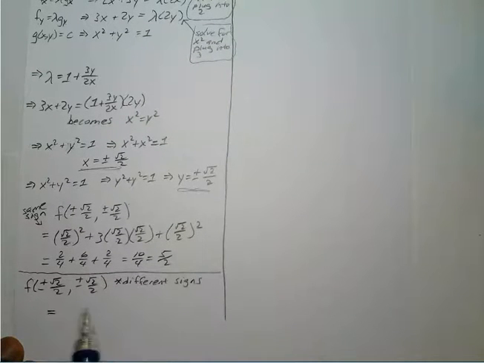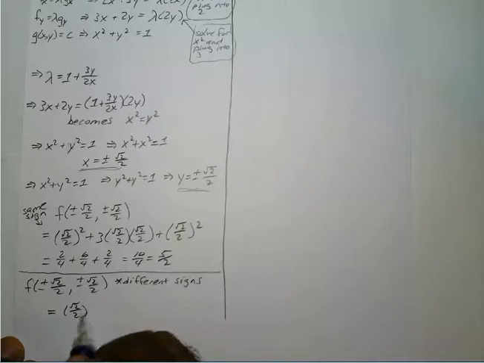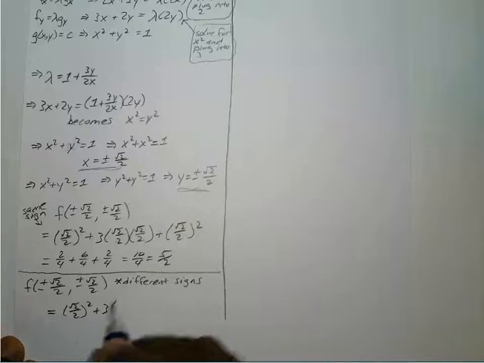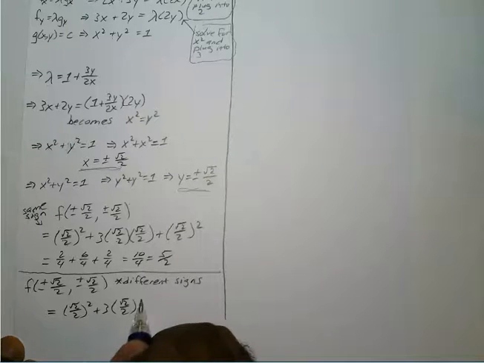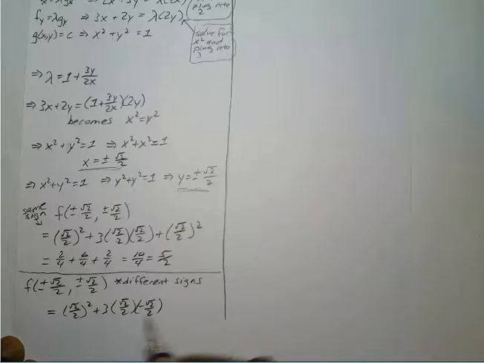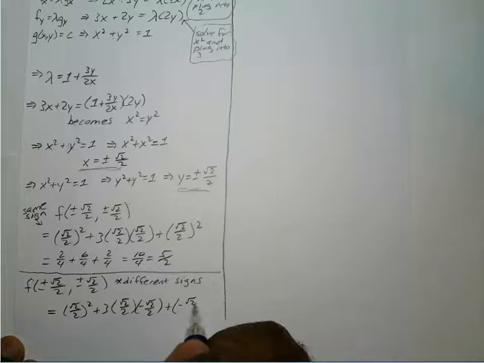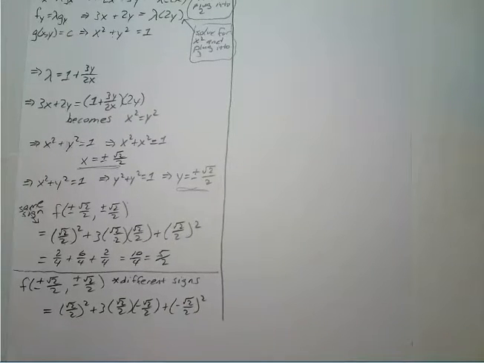Let's say we make x positive and y negative: square root of 2 over 2 squared, plus 3 times square root of 2 over 2 times negative square root of 2 over 2, plus negative square root of 2 over 2 squared. It doesn't matter if it's x or y; the only difference is in the middle where one's positive and one's negative, and you'll get the same answer either way.